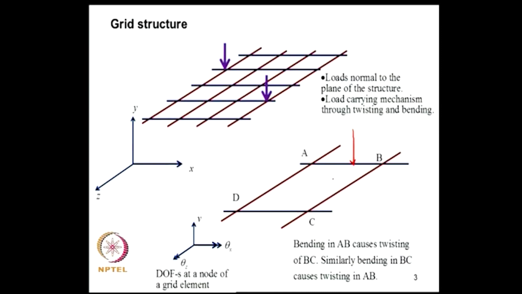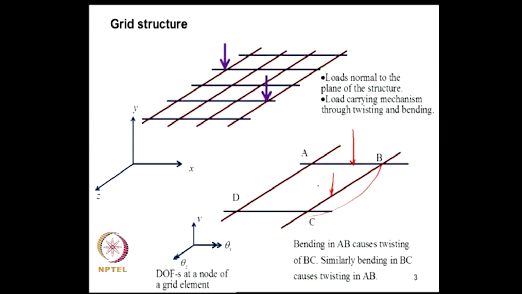Similarly, if there is a load on BC, it will bend like this, and bending in BC will be resulting in twisting in AB as well as DC. So, the actions here are therefore twisting and bending. So, this is in contrast with planar frames where action was through axial deformation and bending.